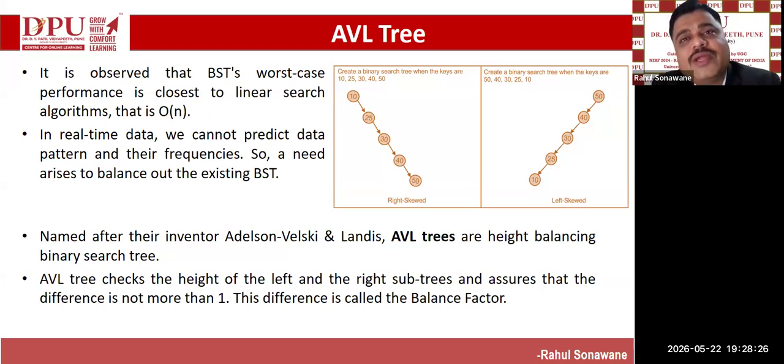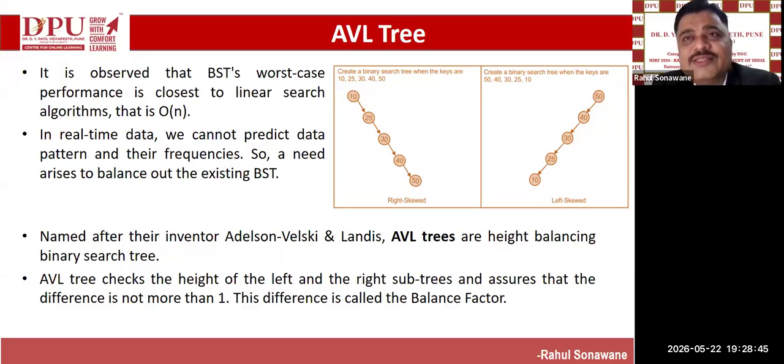Therefore, we made it a value based tree, and we call it a binary search tree, which is one of the most usable, or one can say one of the most efficient versions of the binary tree. The information is kept according to its value.